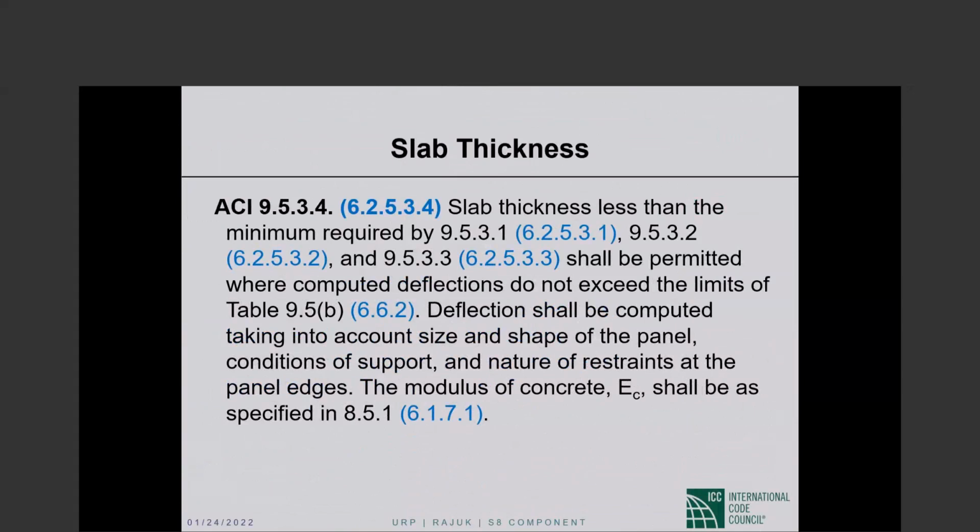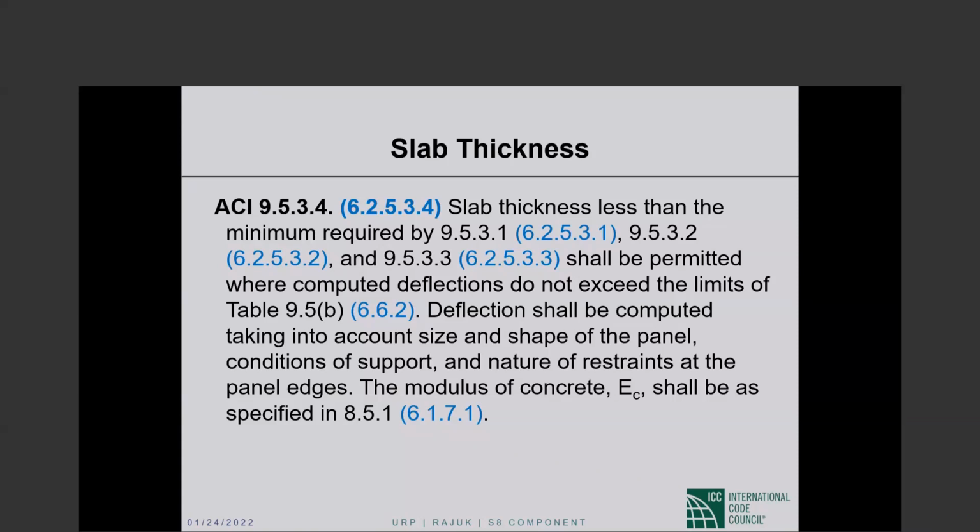Now, slab thickness less than the minimum required shall be permitted where computed deflections do not exceed the limits in table 9.5b. This we saw for beams. Deflection shall be computed taking into account size and shape of the panel, conditions of support, nature of restraints at the panel edges, modulus of elasticity shall be specified in, etc. Okay?